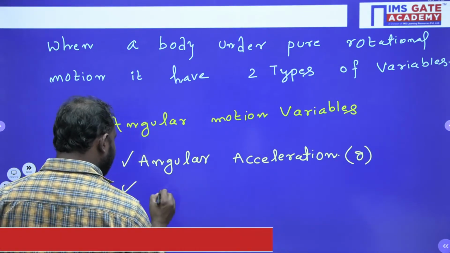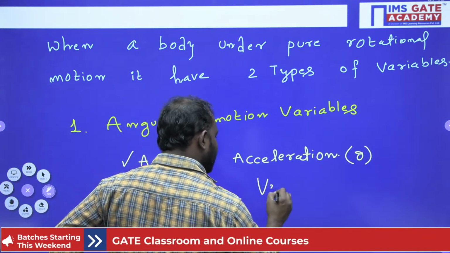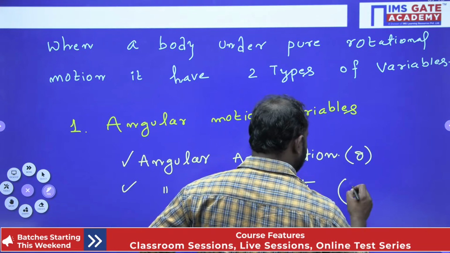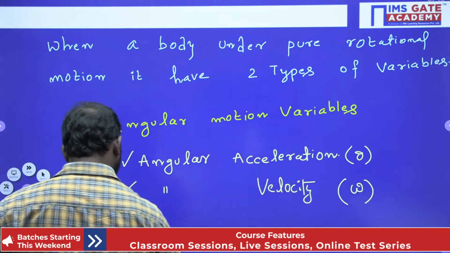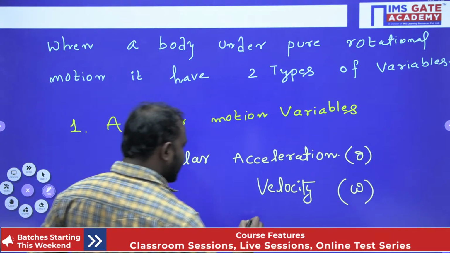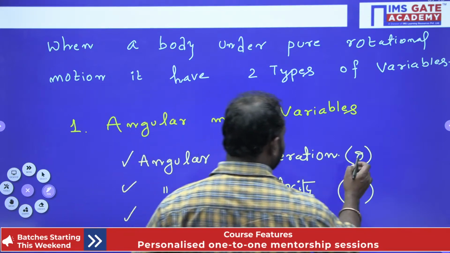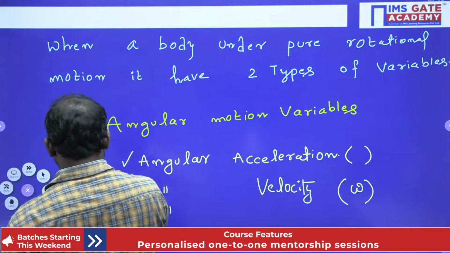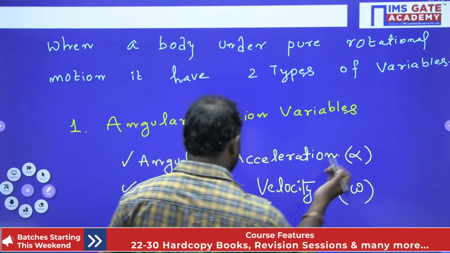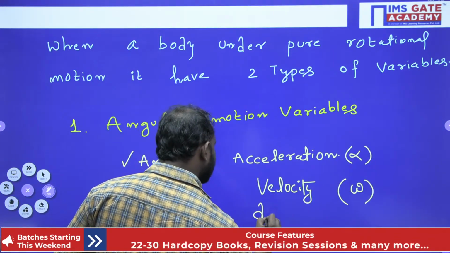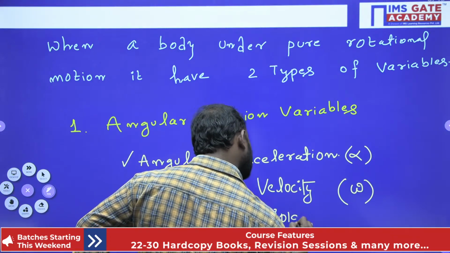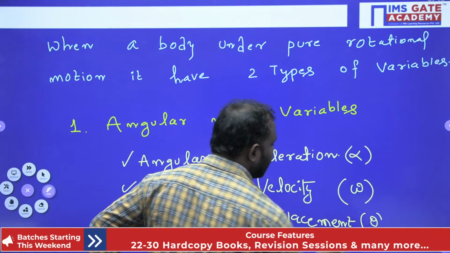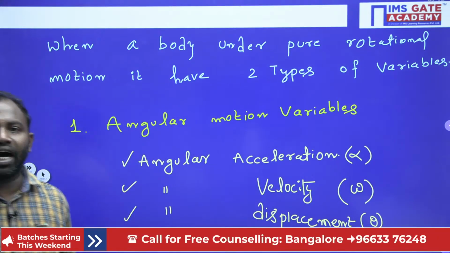Next, angular velocity, say that is omega, right? Now, angular acceleration is alpha, right? Angular displacement is theta, right? These are the things we have discussed.